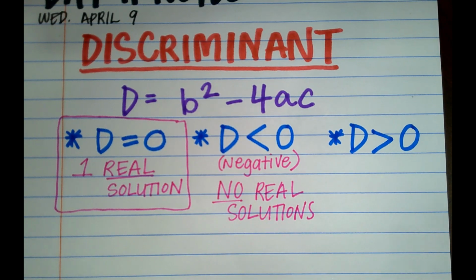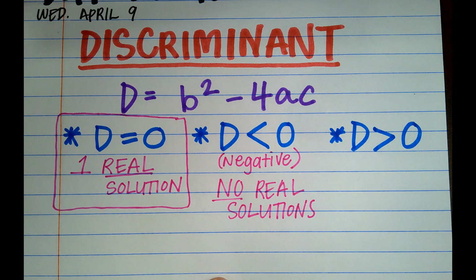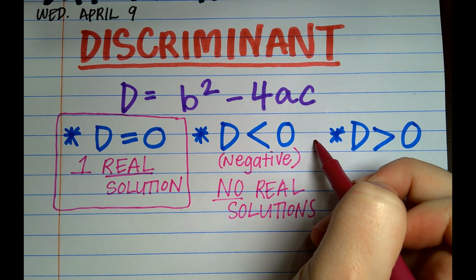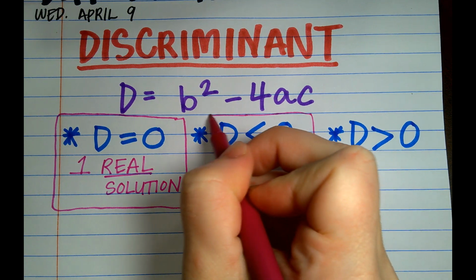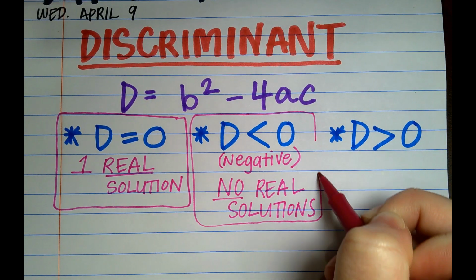Meaning, just like we talked about very briefly one day, whenever you have a negative number that goes underneath a square root, that's impossible. It doesn't exist. You cannot have a negative number underneath a square root. So we would say that there are no real solutions. So there's our second option.